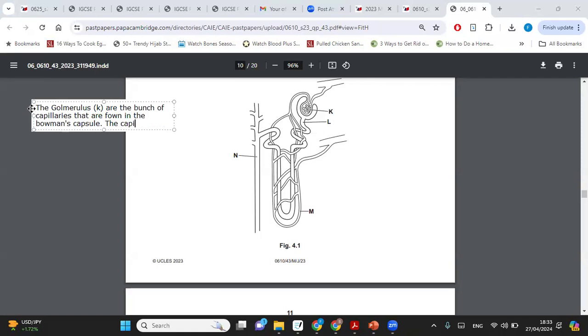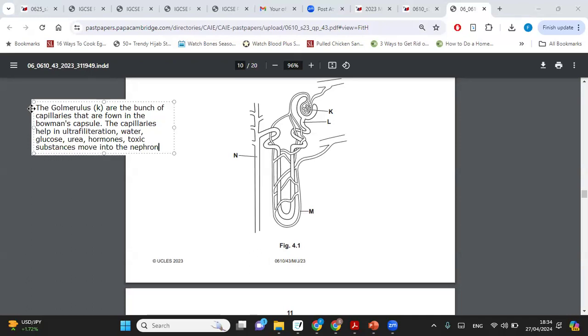The capillaries help in ultrafiltration, where water, glucose, urea, hormones, and toxic substances move into the nephron.